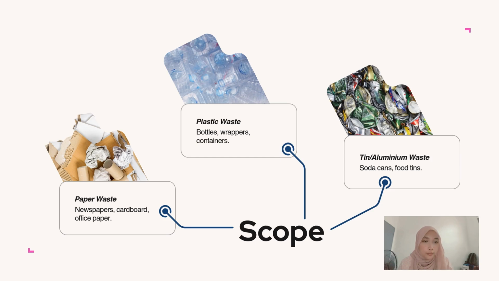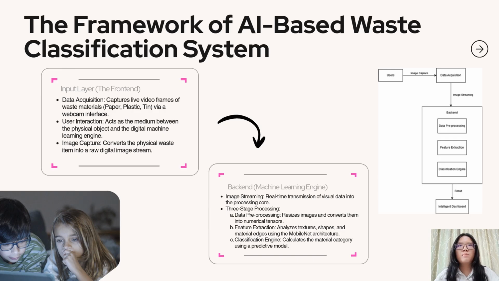The framework of the AI-based waste classification system includes the input layer, backend, and the output layer. For the input layer, the data acquisition process begins by capturing live video frames of the waste materials, such as paper, plastic, and tin, using a webcam.